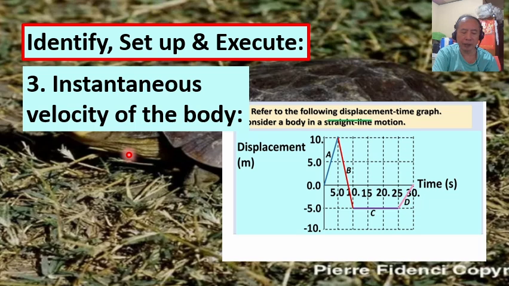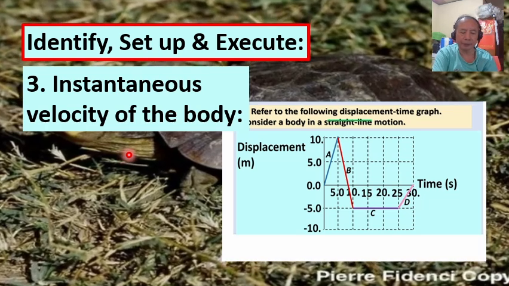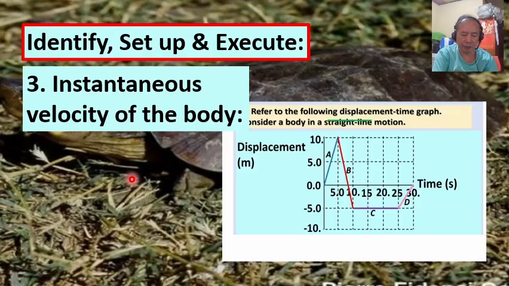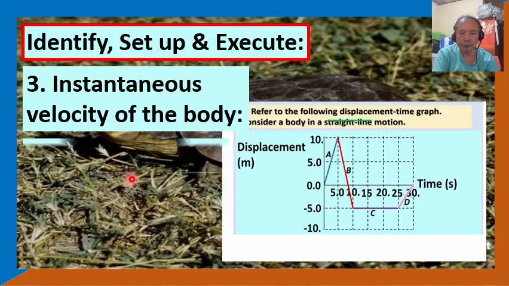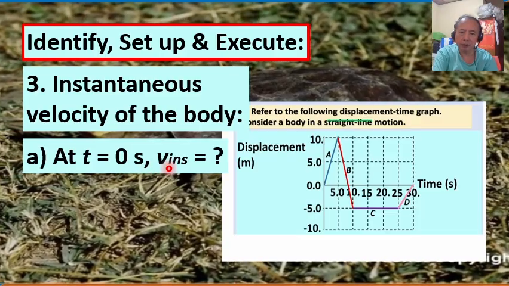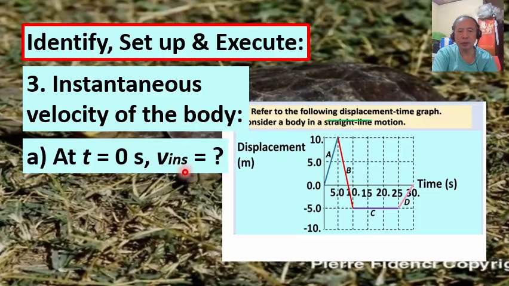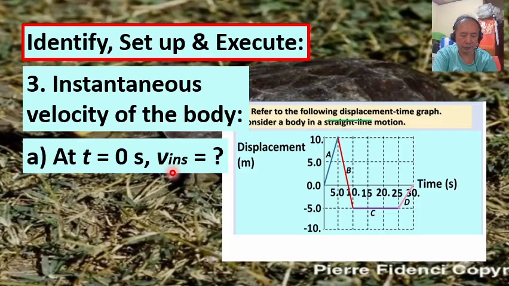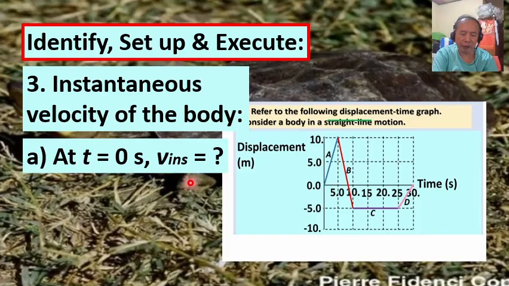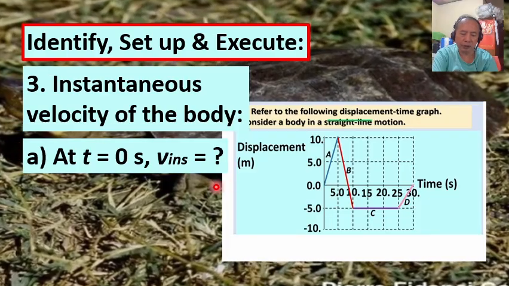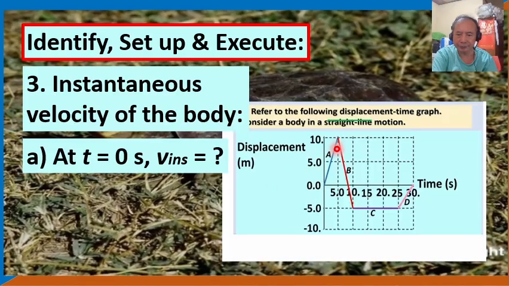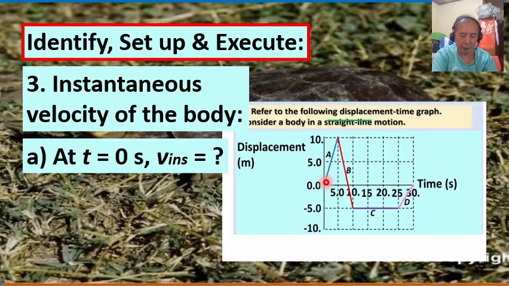The third information we can glean from a displacement time graph is the instantaneous velocity of the body. For example, at time t equals 0 seconds, what is the instantaneous velocity of the body? All right. The point in the graph corresponding to t equals 0 is still part of graph line A, right?